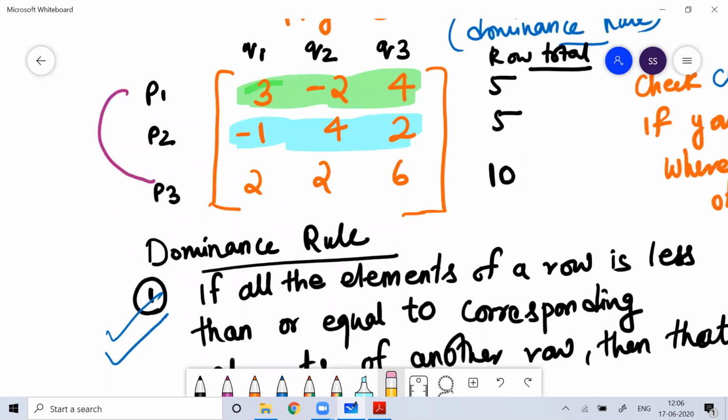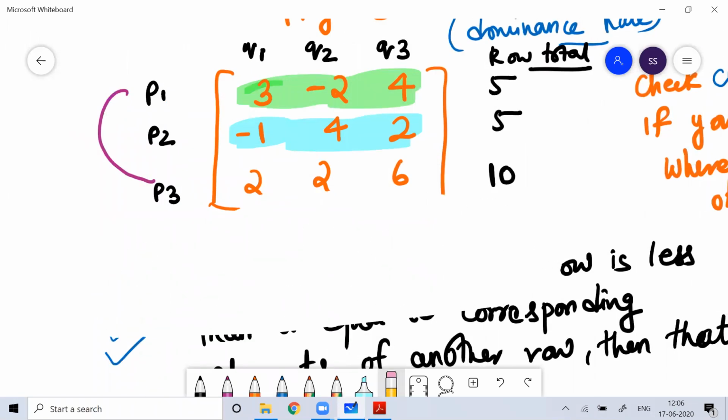So for that, let me find the sum again. Column wise sum is 4 here, 4, this is 4, and this is 12.